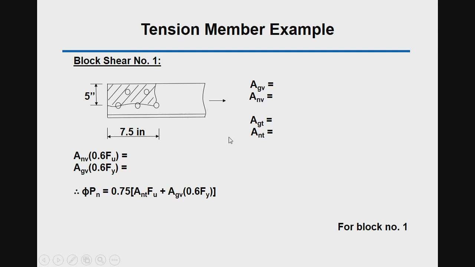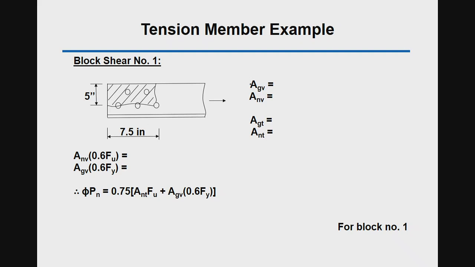So nevertheless, we have to calculate the 4 different areas: gross shear area and net shear area. V means shear, right? And the gross tension area and the net tension area.